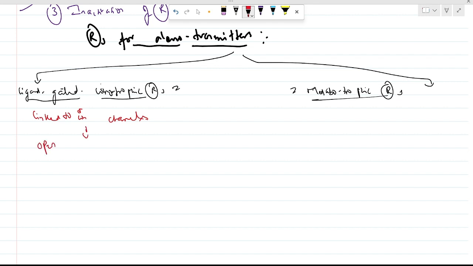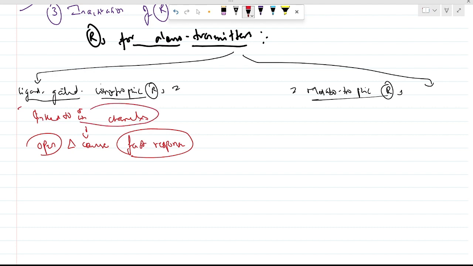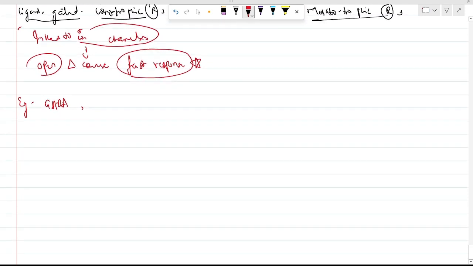They open and cause fast response. This we need to understand. When they open, the ligand gated receptors linked to ion channels cause fast response. These are responsible for the fast response. For example, some of the neurotransmitters such as GABA, gamma aminobutyric acid, the universal depressing neurotransmitter GABA.